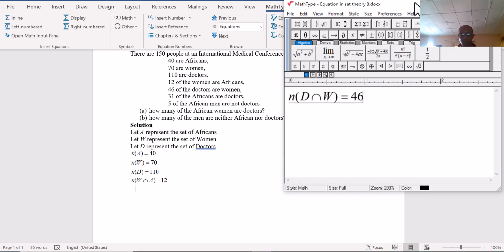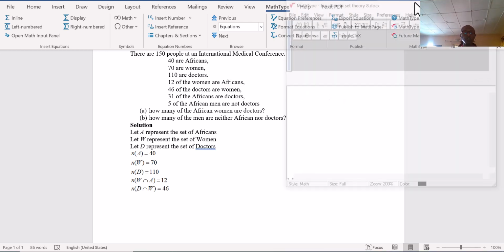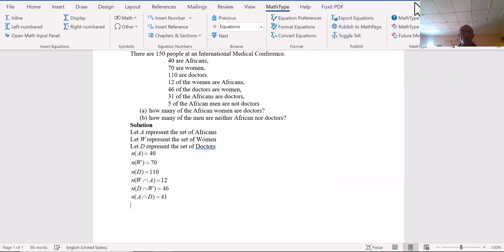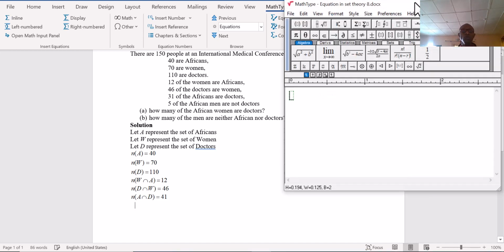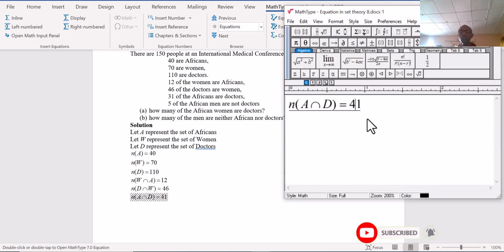They are 46. The next information is that 31 of the Africans are doctors. They are Africans and they are doctors. That's 31, not 41. It's 31.